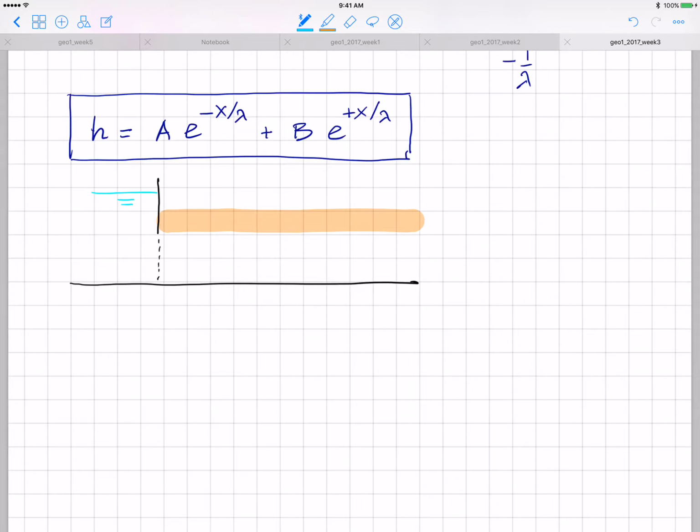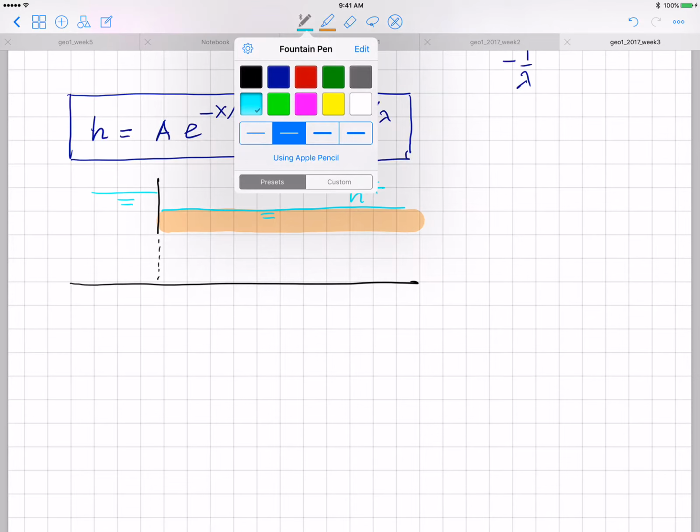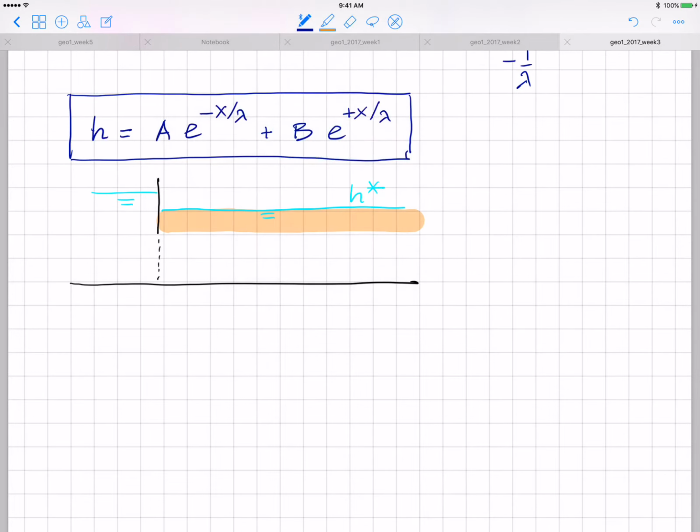Here we have water, and in the polder, the water level is fixed right at the surface, H star. What will happen is that the head in the aquifer, which I'm going to draw with a different color, blue, right at the canal, is going to be equal to the water level in the canal, H0.